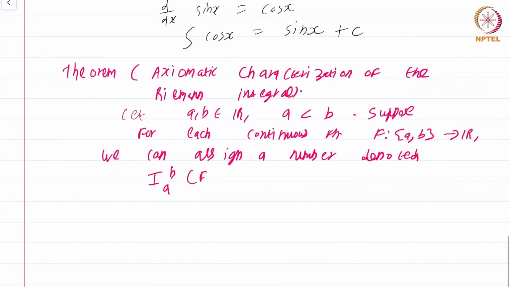This is just going to stand for the integral of f from a to b. Okay, but I'm going to denote it by I_ab.